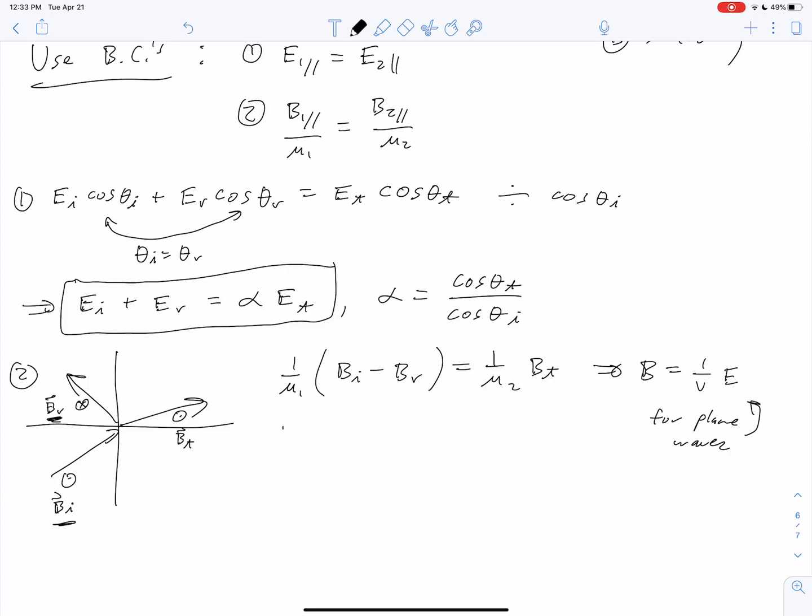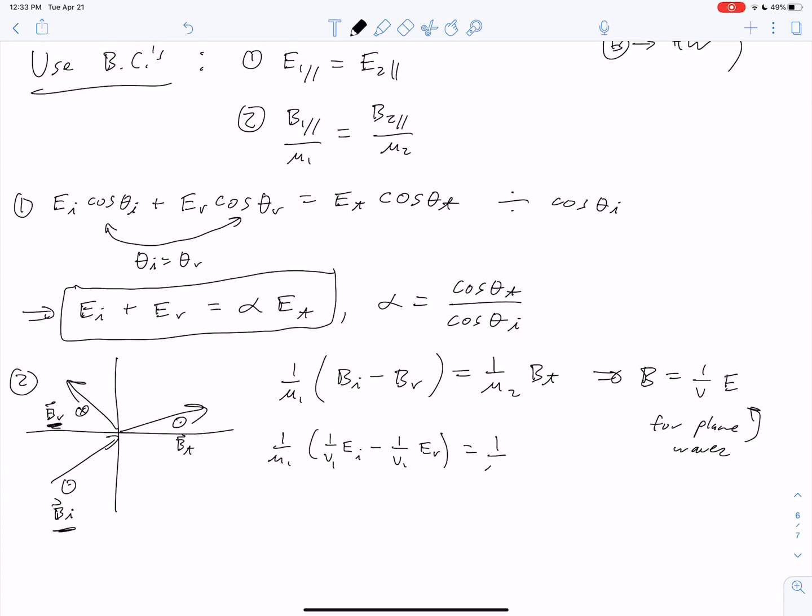We can write 1 over mu1 times BI, we'll replace that with 1 over V1 on side 1, EI minus 1 over V1 ER is equal to 1 over mu2 times 1 over V2 ET. Okay, so I just made that substitution.